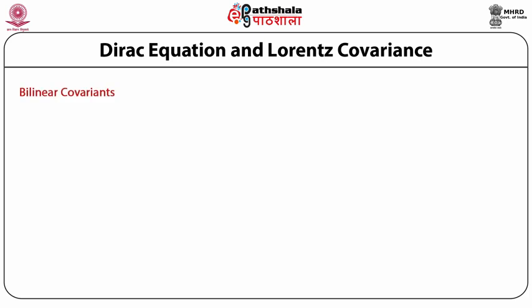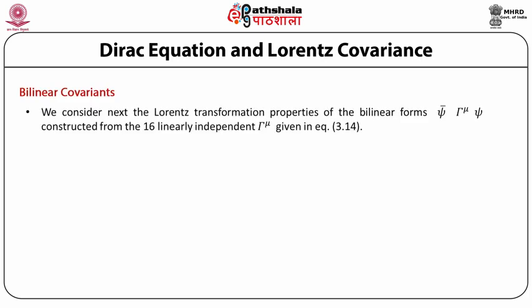Bilinear covariance. We consider next the Lorentz transformation properties of the bilinear forms psi bar gamma mu psi constructed from the 16 linearly independent gamma matrices, given in equation 3.14. The Dirac conjugate psi bar, which is defined as psi dagger gamma naught, is very useful for spinors.